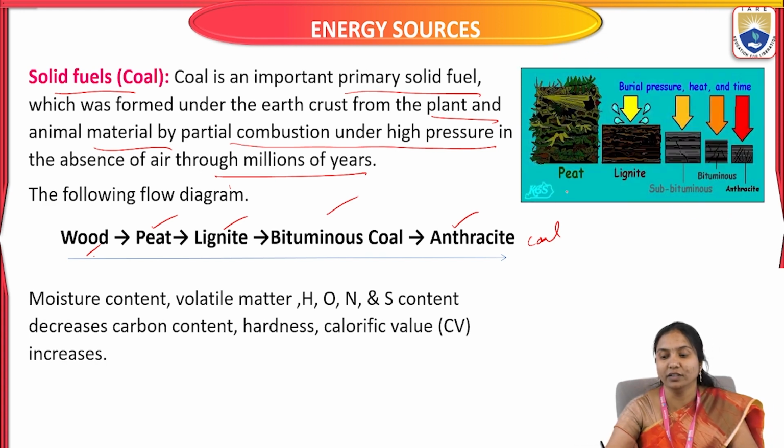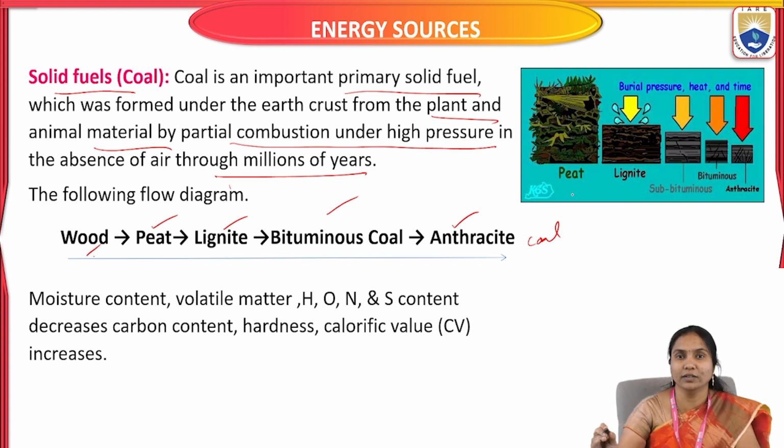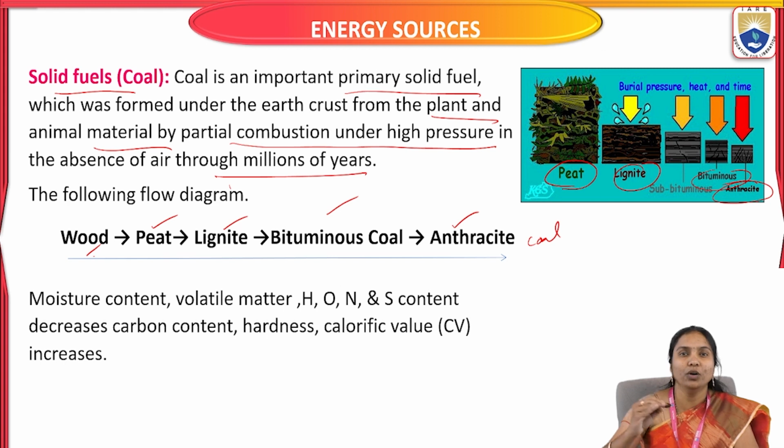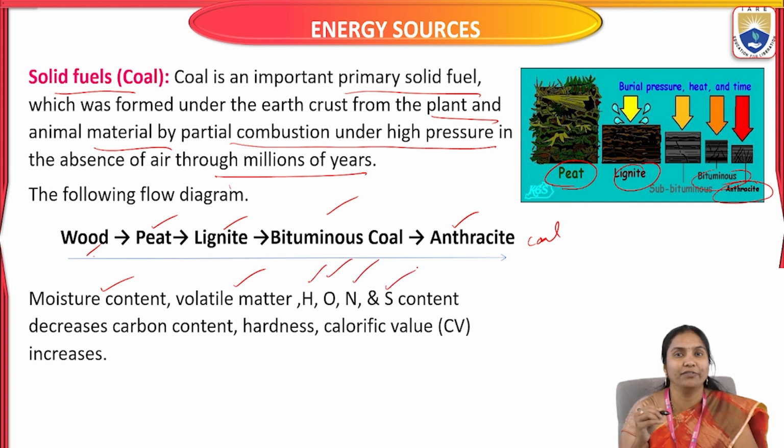From wood to anthracite coal, moisture content, volatile matter, and hydrogen, oxygen, nitrogen, sulfur content decrease.